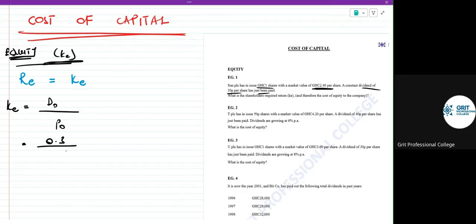Dividend per share over the current share price, which is 2.4. That will give us 0.3 divided by 2.4, so that is 0.125, 12.5%.